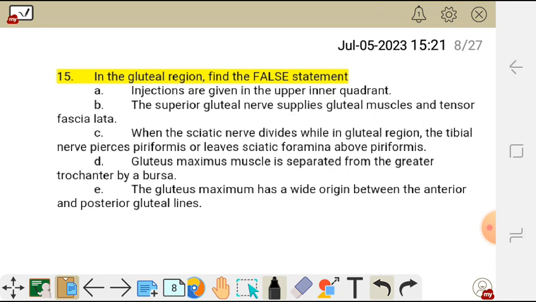Question 15. In the gluteal region, find the false statement. A. Injections are given in the upper inner quadrant. B. The superior gluteal nerve supplies gluteal muscles and tensor fascia lata. C. When the sciatic nerve divides while in the gluteal region, the tibial nerve pierces piriformis or leaves the sciatic foramen above piriformis.